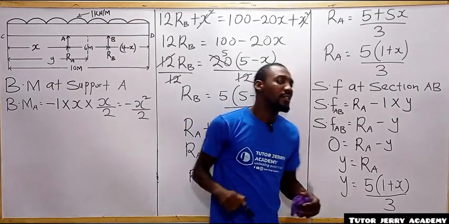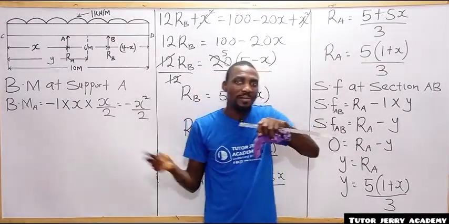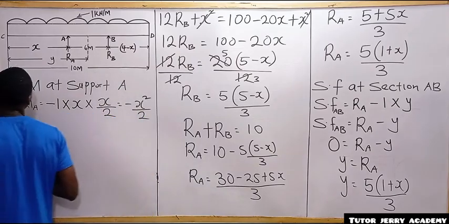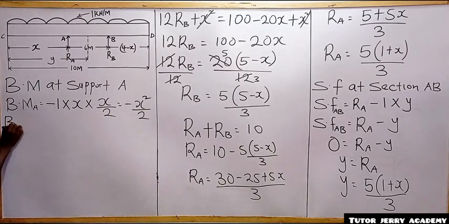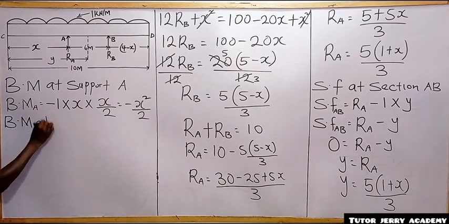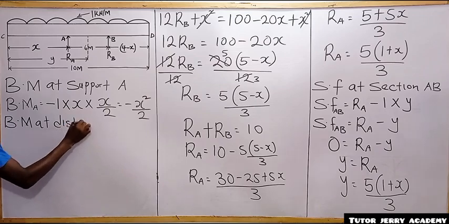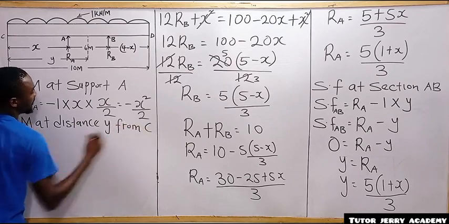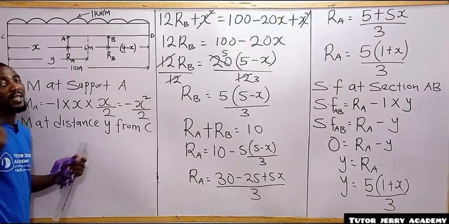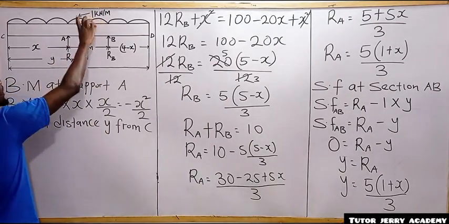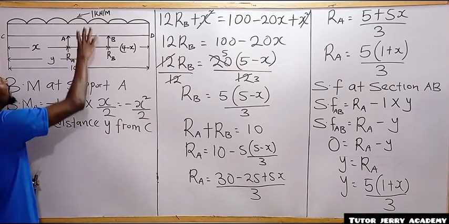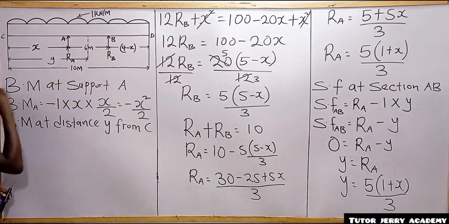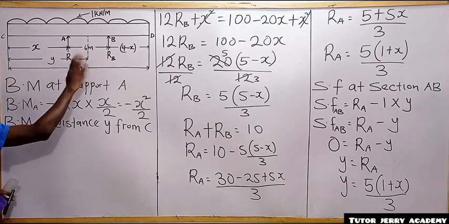All right, so now the next thing we are going to do is we are going to consider the bending moment at a distance Y from C. You know, we said something the other time that we are going to have our maximum positive bending moment between the span AB, and then we are going to have the maximum negative bending moment at the support.